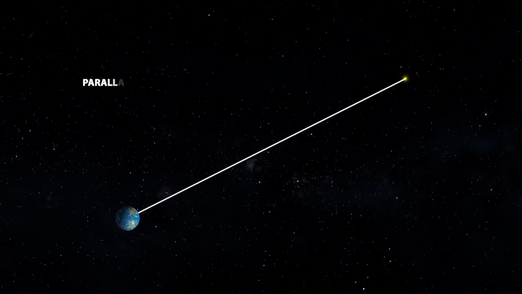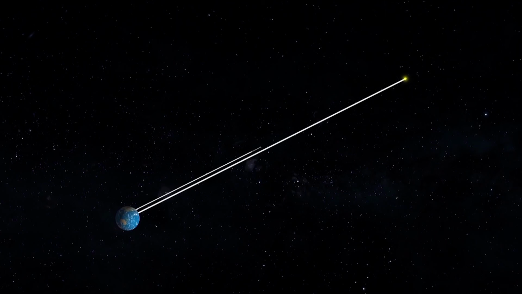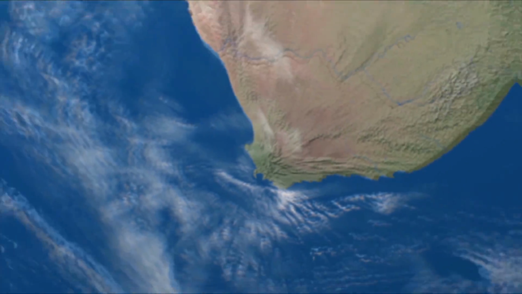Astronomers know that if the parallax angle is too small to measure because the object is too far away, they have to increase the distance between the vantage points of the baseline. Since a star is so far away, its parallax is so small that using a short baseline, like the distance from one eye to another, will never work. We need a massive baseline to measure from.